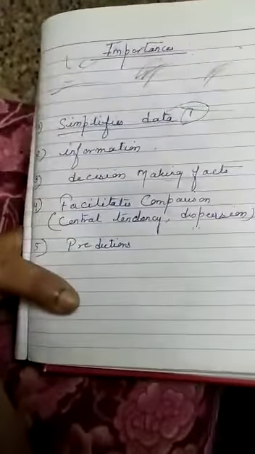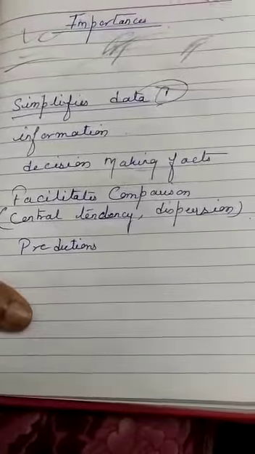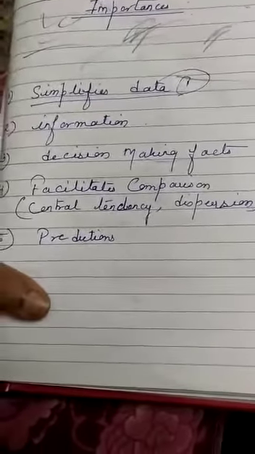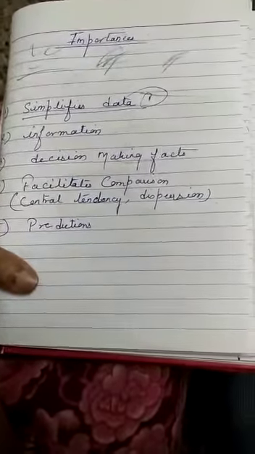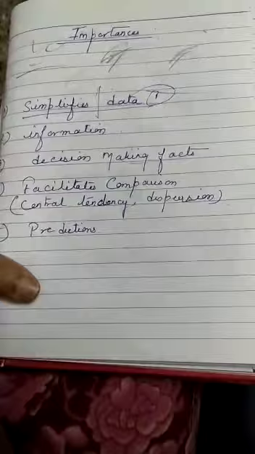Now we will see the importance of statistics. Why do we study statistics? Number one, and the prime thing, is that it simplifies data. There is huge data, raw data, some wanted data, some unwanted data. The primary work of statistics is to simplify that huge amount of data.